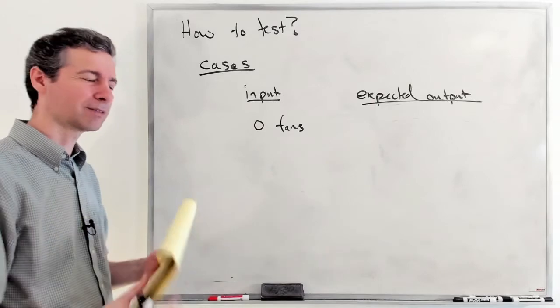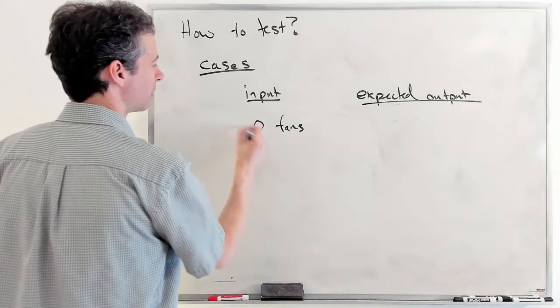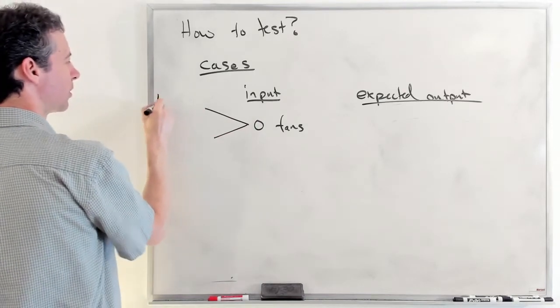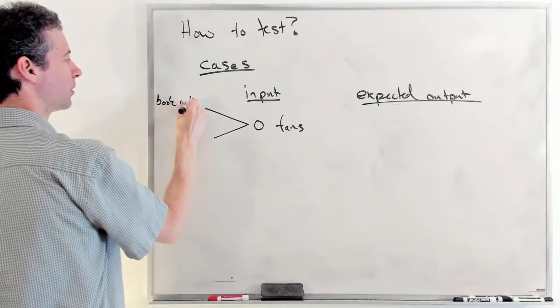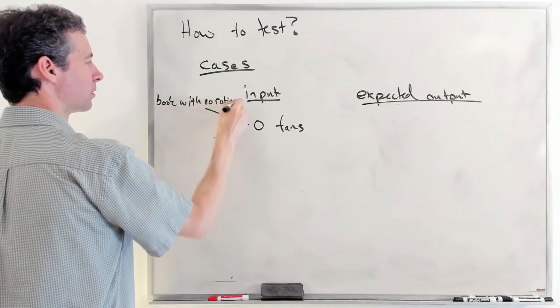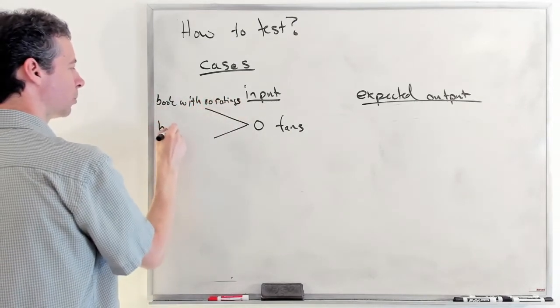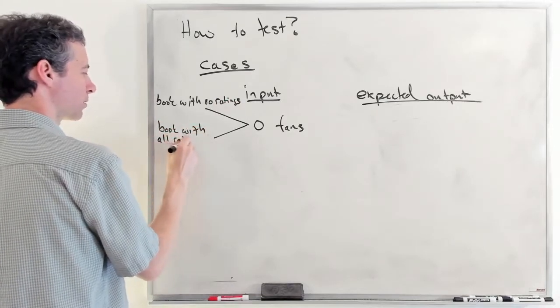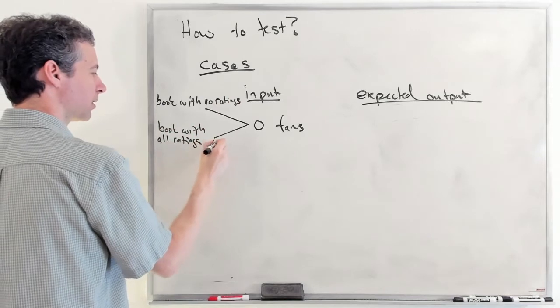So already, zero fans is really two different types of input. This is a book with no ratings, and this is a book with multiple ratings, but they're all less than 5.